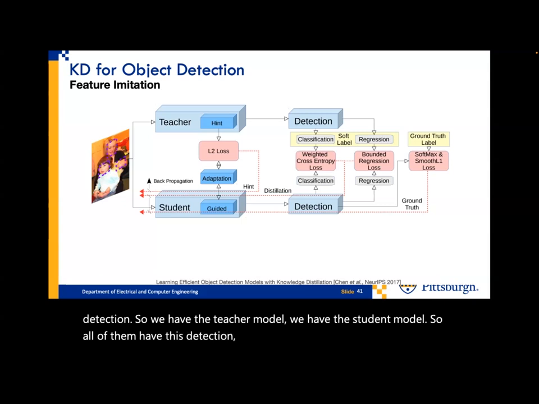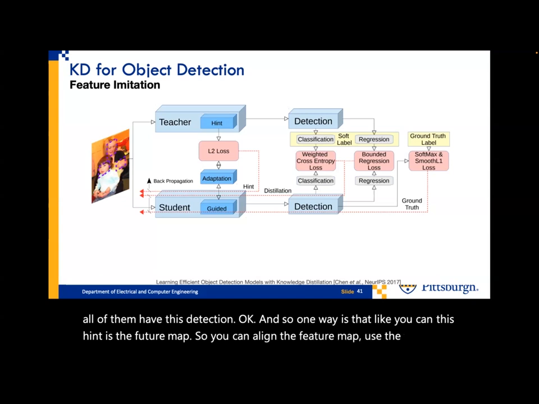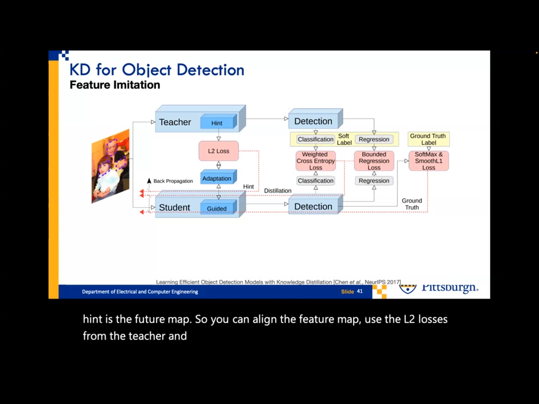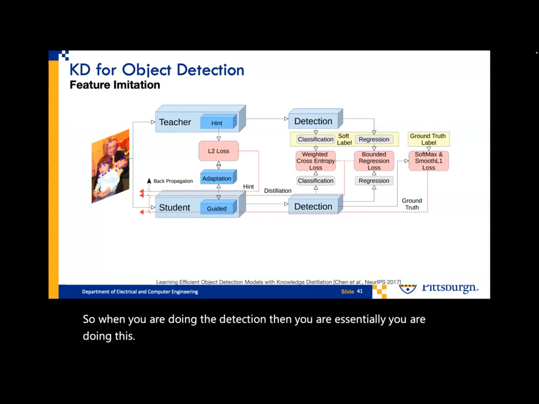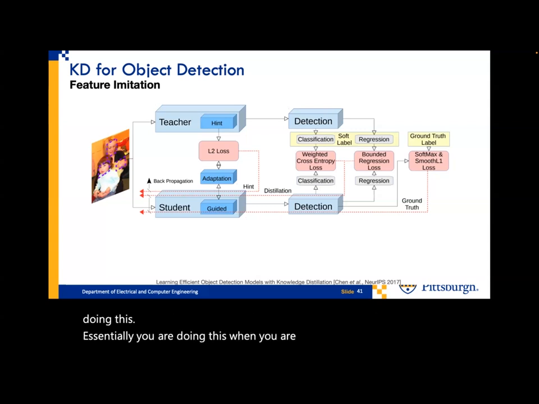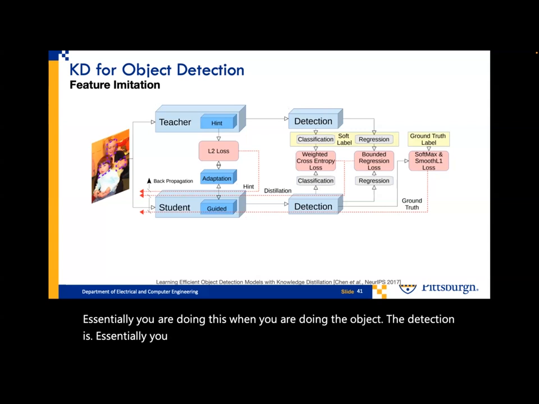One way is that this hint is the feature map. You can align the feature maps using L2 loss between the teacher and the student. That's pretty much what we learned for classification tasks. When you are doing object detection, essentially you are doing pixel-level classification.